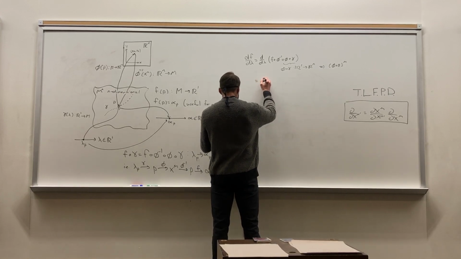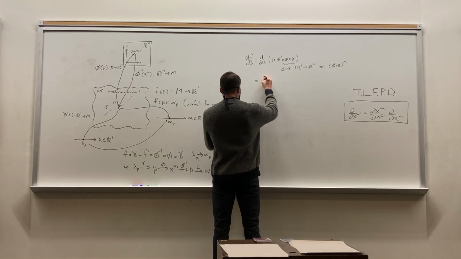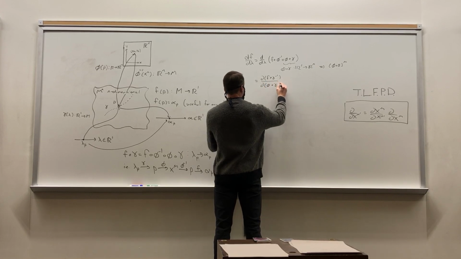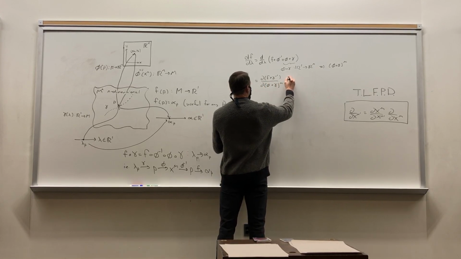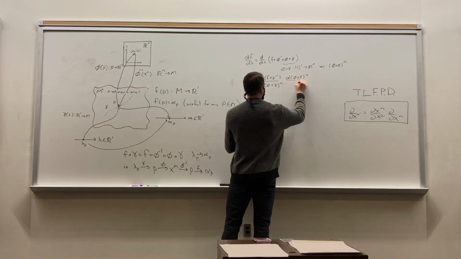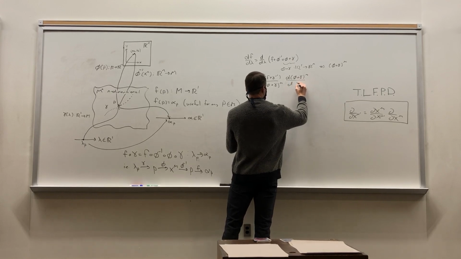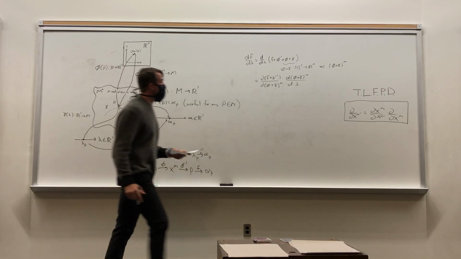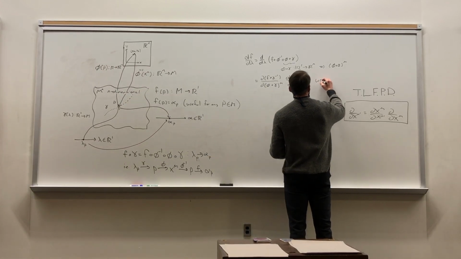Now here we go. This, I can use the chain rule to establish that this is partial of f compose phi inverse, partial phi compose gamma mu, d phi compose gamma mu, d lambda. Okay? This is using the chain rule.